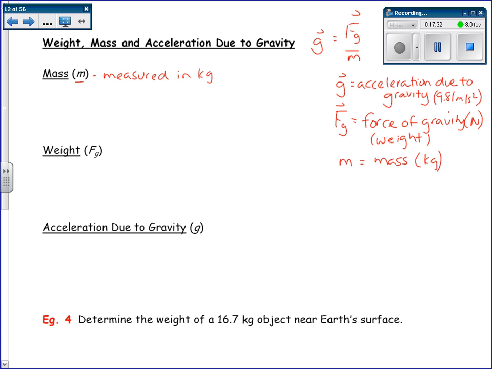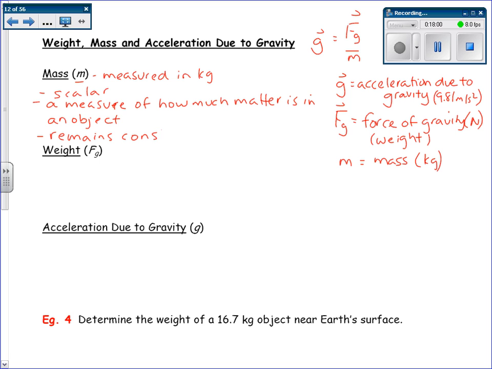It is a measure of how much matter is in an object. It's a scalar, and it remains constant no matter where you are. So wherever you are in the universe, mass is constant. Your mass is the same on Earth as it is on the Moon, as it would be on Mars, as it would be if you're floating around in the middle of space.